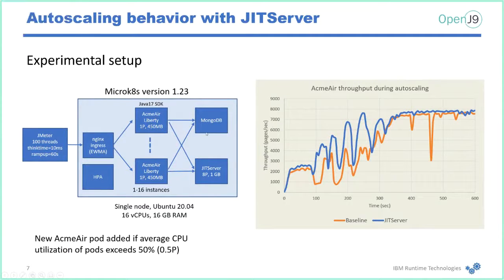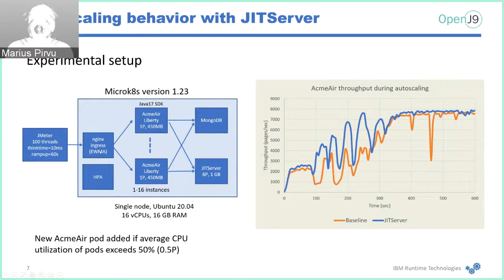So all these instances are connected to a single MongoDB instance. And if we are using JITServer, all these instances connect to one JITServer instance, with a limit of 8 CPUs. In the front, we have an Nginx ingress, which uses the EWMA load balancing policy.